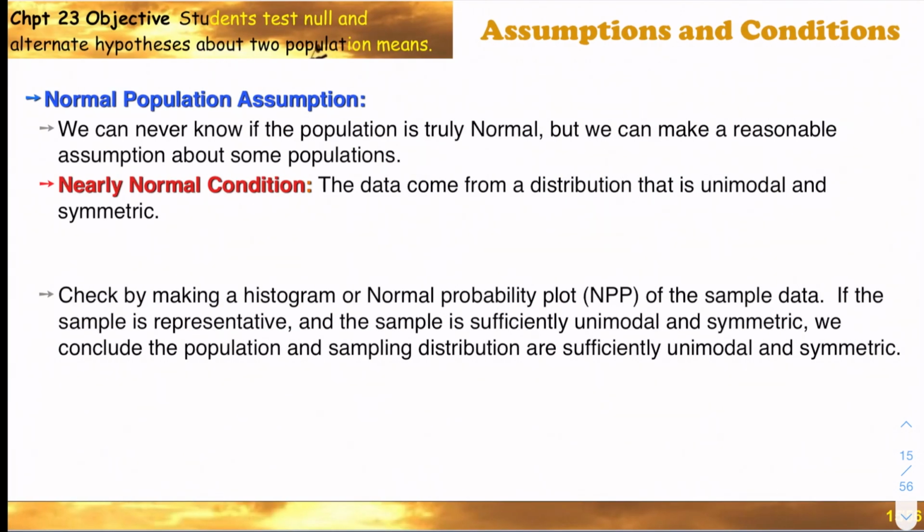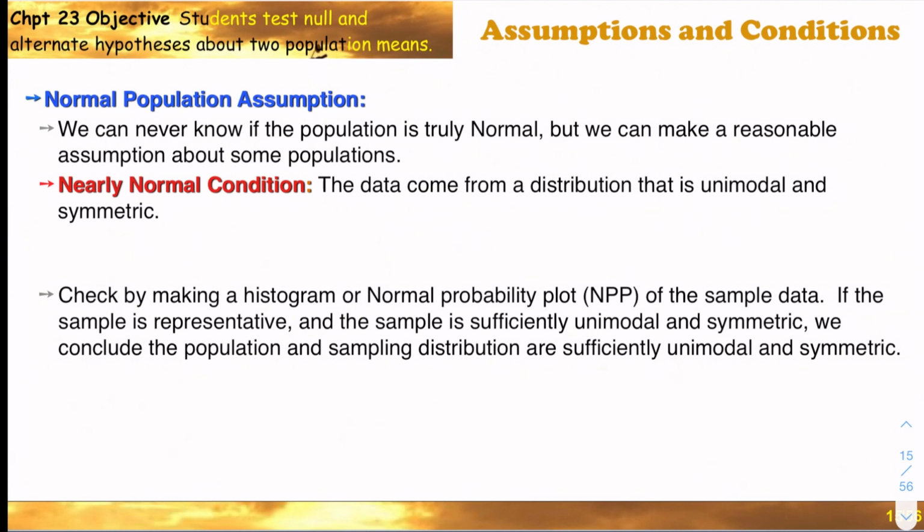So these should look somewhat familiar, but we're going to talk about the assumptions and conditions. So let's just go through a normal population assumption. We can never know if a population is truly normal, but we can make a reasonable assumption about some populations. So what is the nearly normal condition? The data come from a distribution that is unimodal and symmetric, that is known, or we can show that from a histogram.